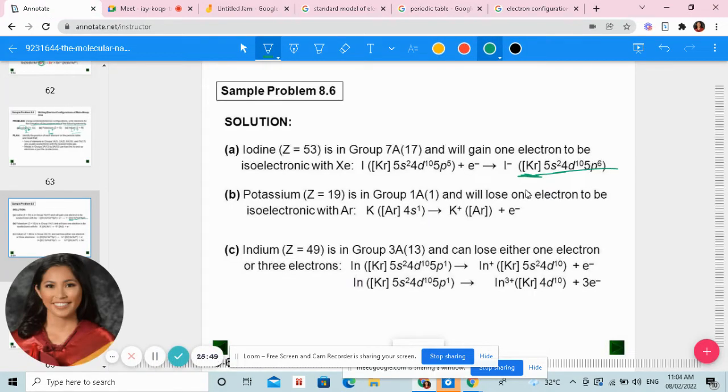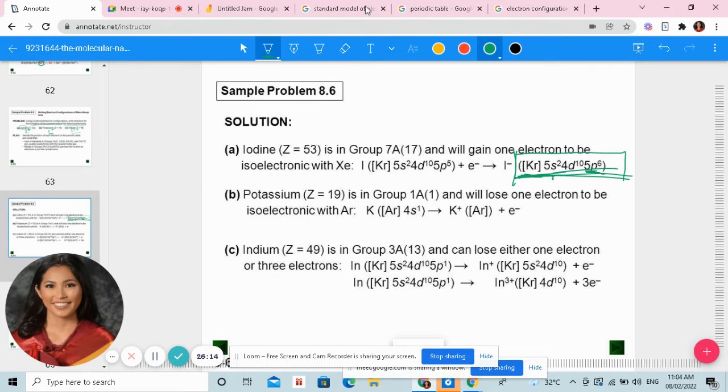Now, when we write the configuration, we write the noble gas. It has 5p5 plus 1 electron, giving 5p6.